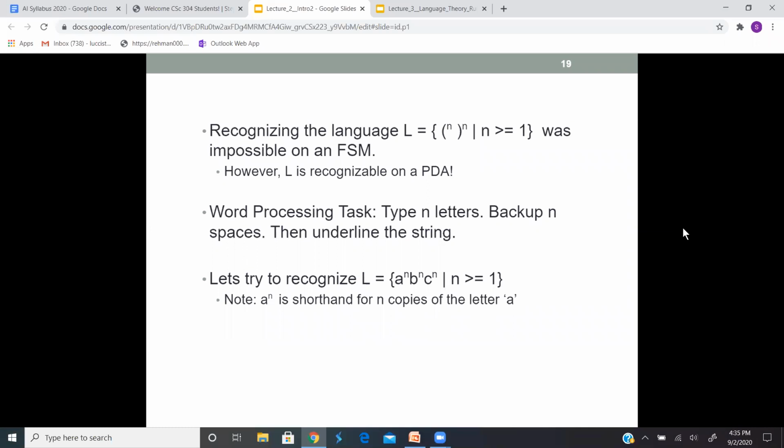Okay, Saiful. Go ahead. So, would you consider an empty expression to be a well-balanced parenthesized expression?